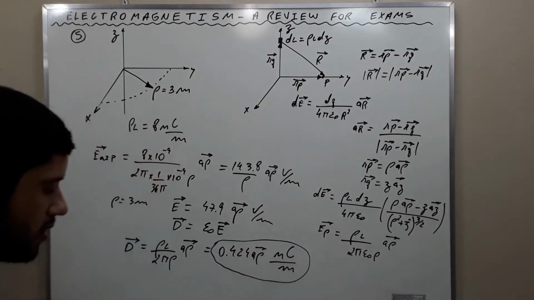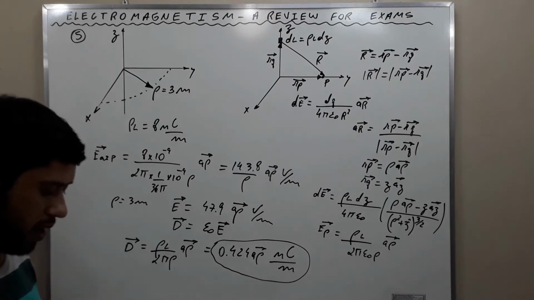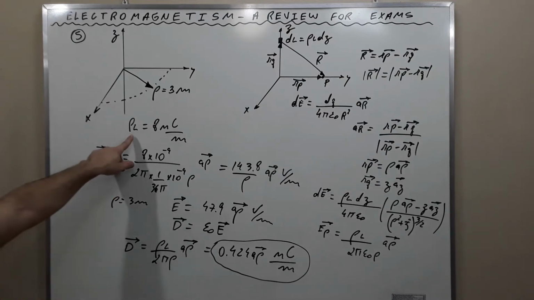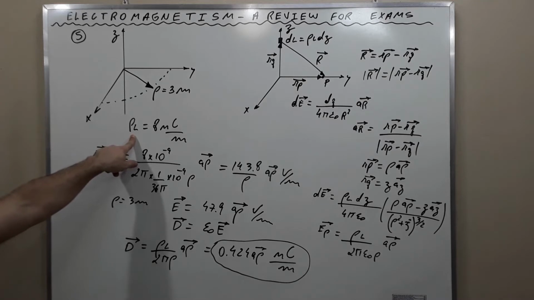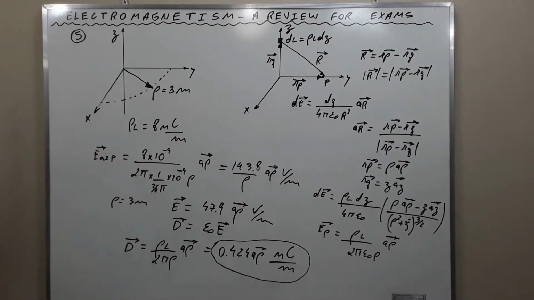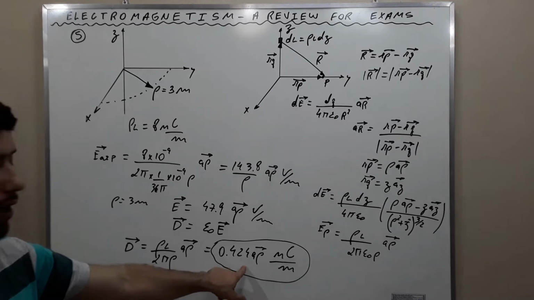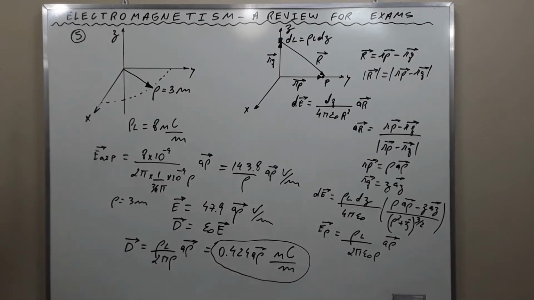The exercise wanted us to calculate the electric flux density D 3 meters away from a uniform line of charge of charge density equal to 8 nanocoulombs per meter. Okay, and the answer is this value here in the a rho direction.